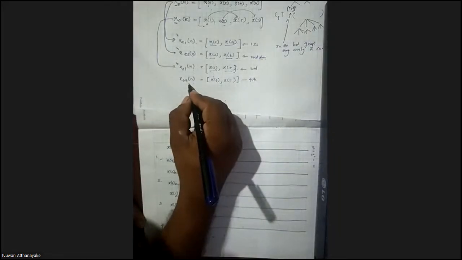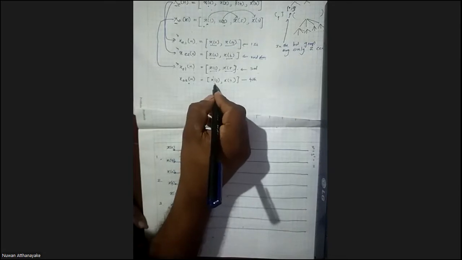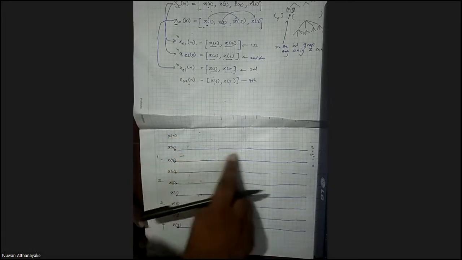And this will be my fourth group, and it has x3 and x7. Correct? So this will be 0, 4, 2. So actually this is my xn.